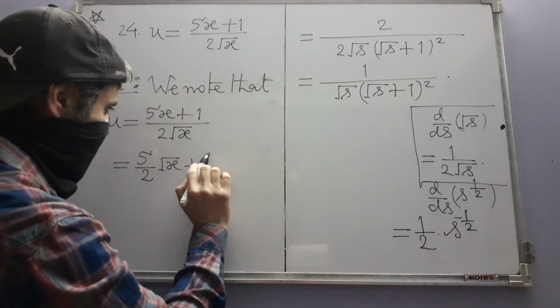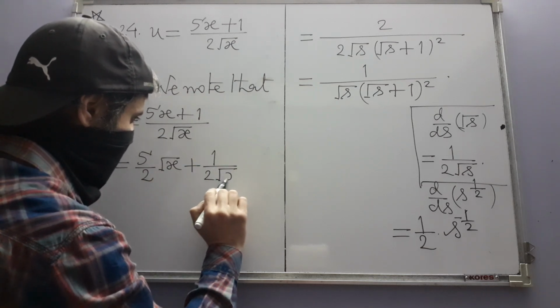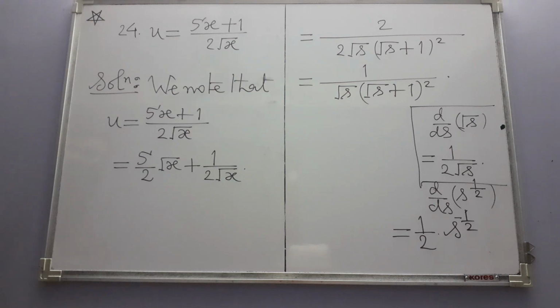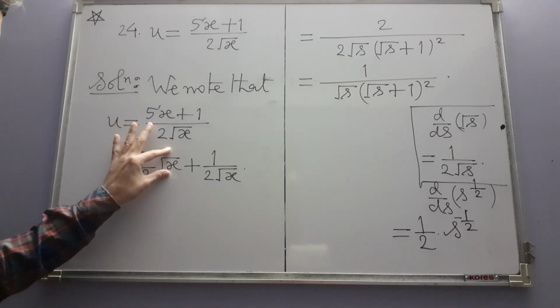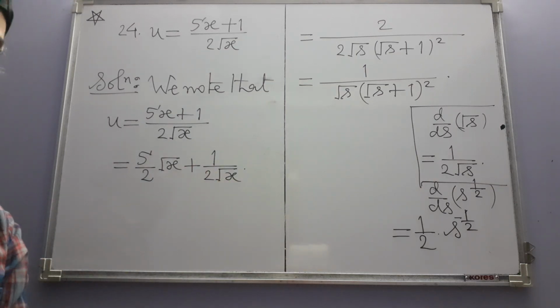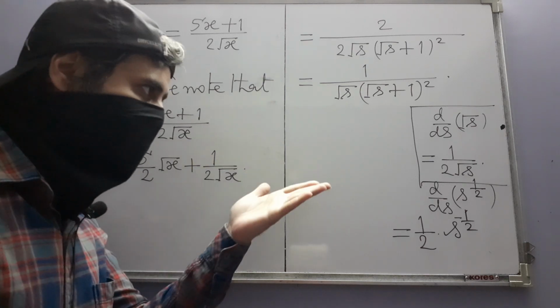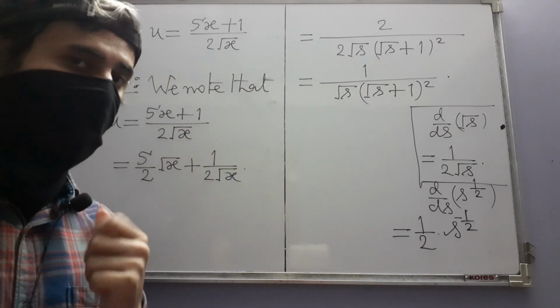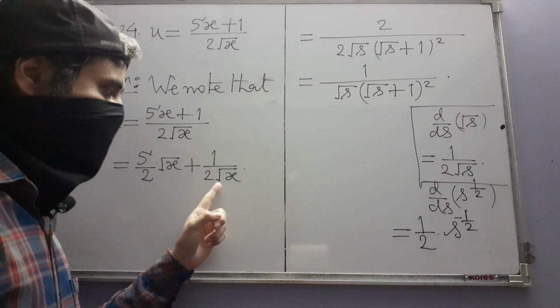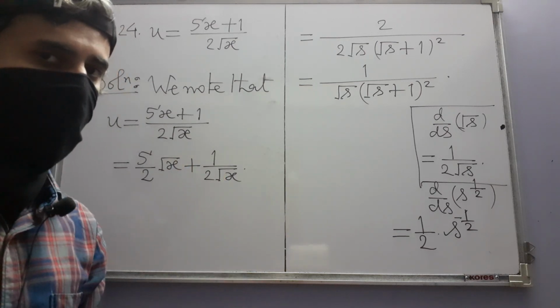But when I divide 1 by this, I have this. Is it really going to help me though? This part I know will come just like that. But what about this part? This is also a power of x, x to the power minus 1 divided by 2. However, the derivative of that we haven't really found so far.